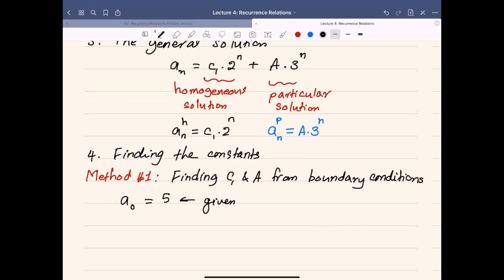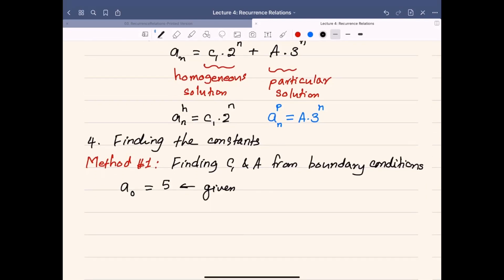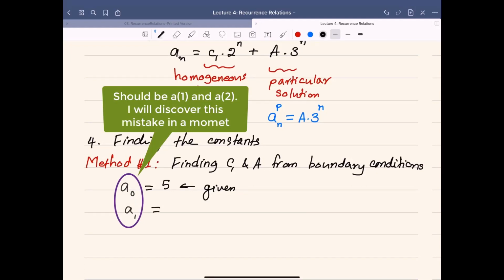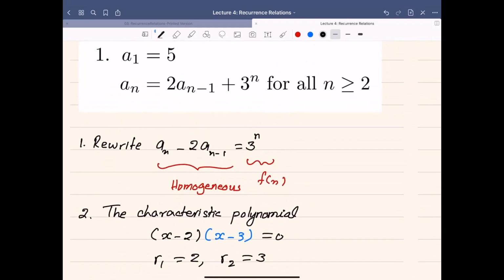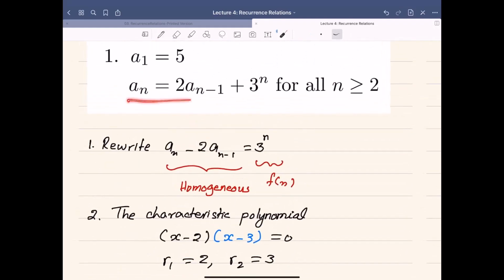The other one, we need to find it. So since a_0 is given, let us find a_1 because we need another one, two constants, we need two equations. So how to find a_1? If you go back to the recurrence relation, the original one, a_1 is given to you as 5. So how to find a_2? a_2 is equal to 2 times a_1 plus 3 raised to power 2 because n is 2.